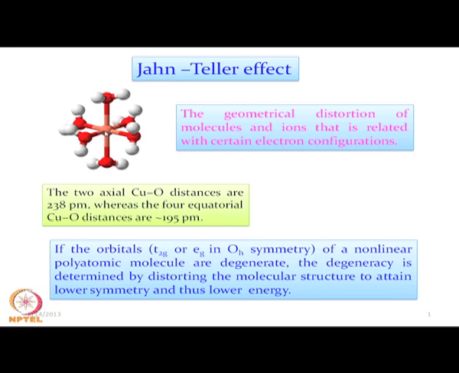These 4 equatorial copper-oxygen distances are in the range of 1.95 angstrom. Therefore, we have a tetragonally elongated situation due to unequal occupancy of the eg level. So, we have 2 electrons in one particular level and 1 electron in the other level. That is why it gives rise to the elongated situation.